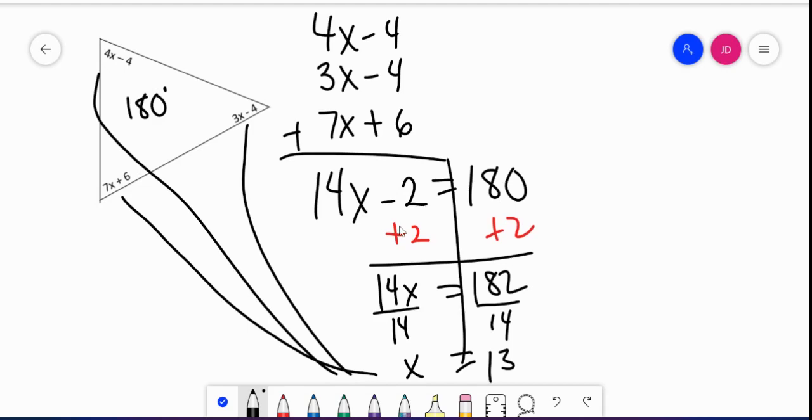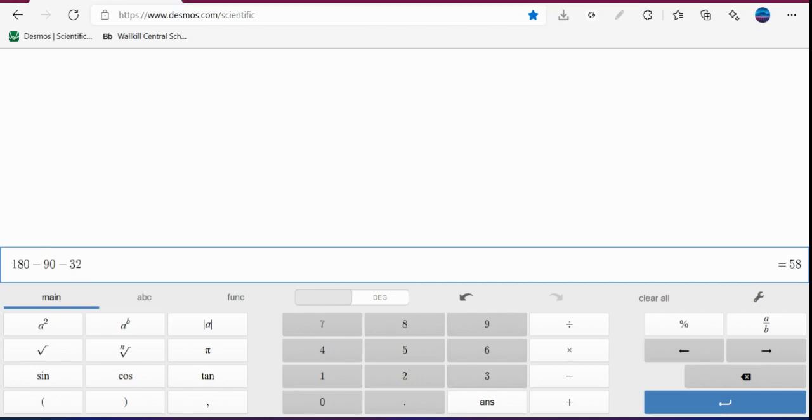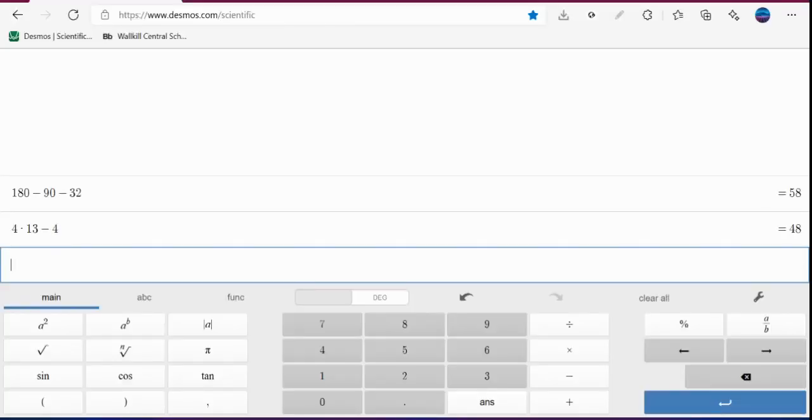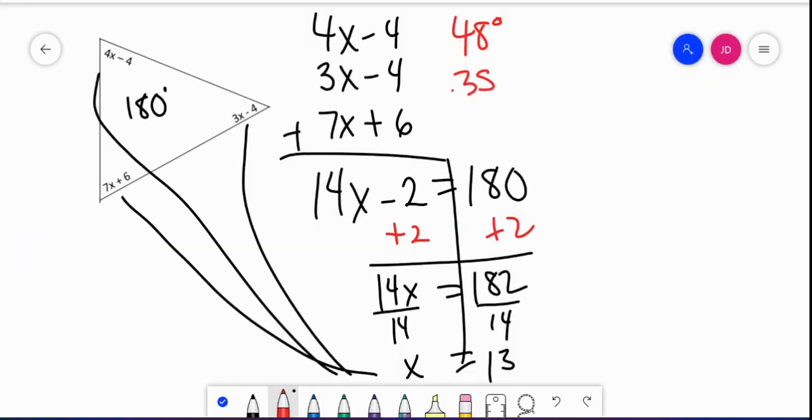All right. So the 4x minus 4, so 4 times 13 minus 4 is 48. So that means this is 48 degrees. 3 times 13 minus 4 is 35 degrees.